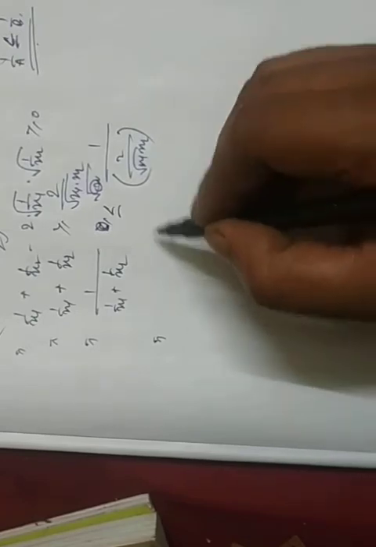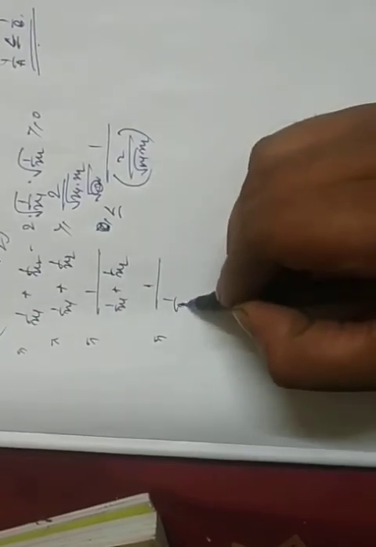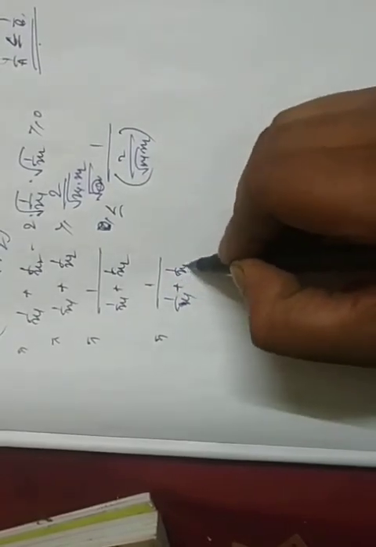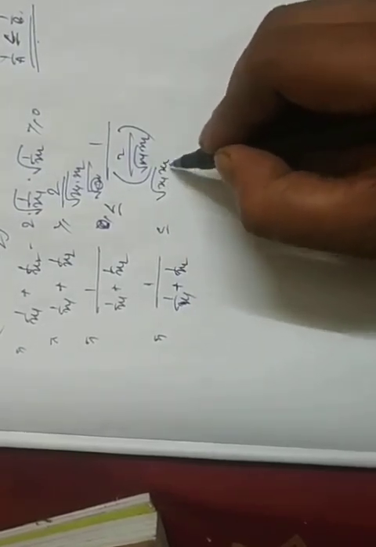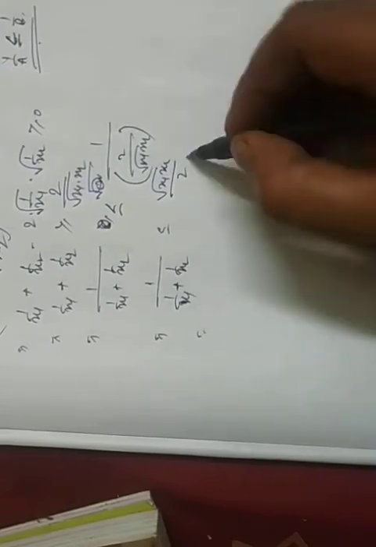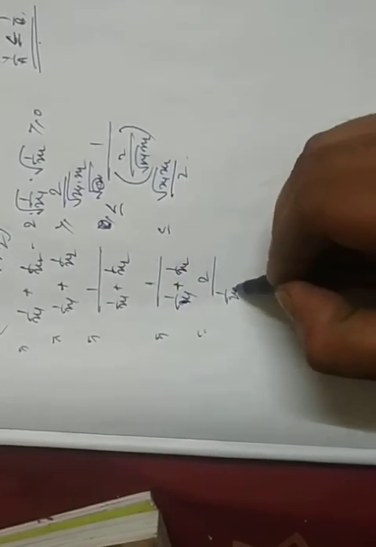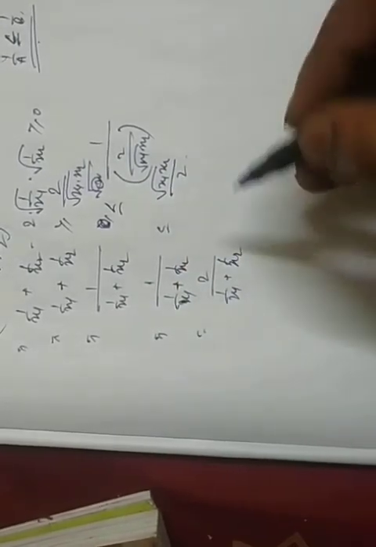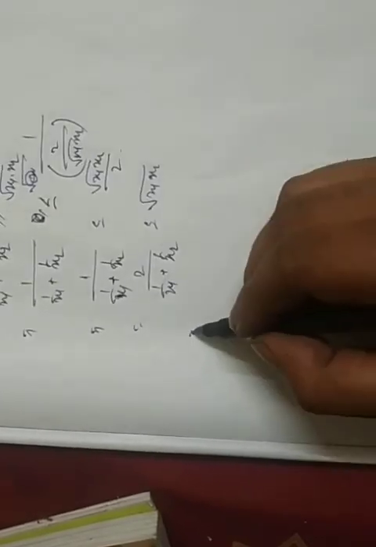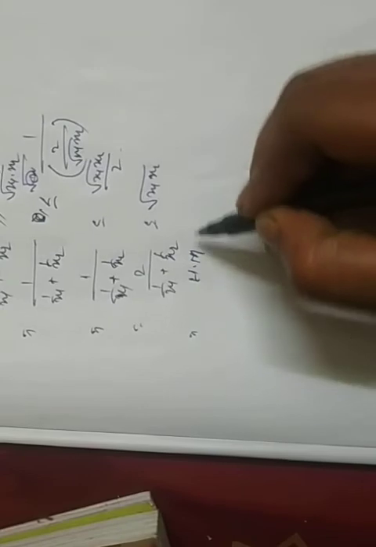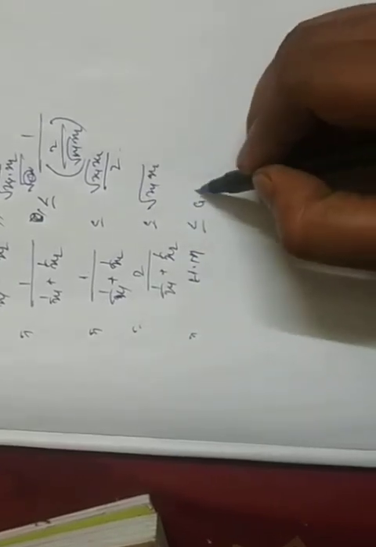That implies 1 by x1 plus 1 by x2 inverse is less than or equal to root under x1 x2 divided by 2. Now multiplying by 2, 2 divided by 1 by x1 plus 1 by x2 is less than or equal to root under x1 into x2. So this is the HM, less than or equal to this, the GM.